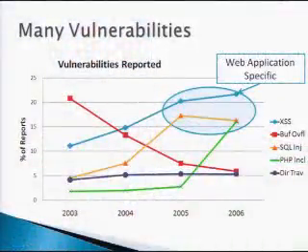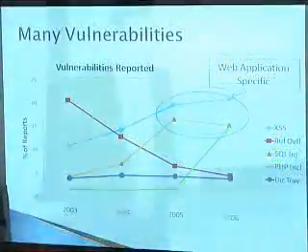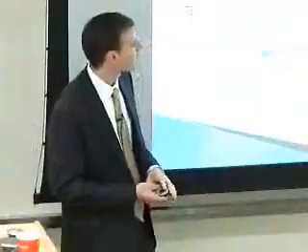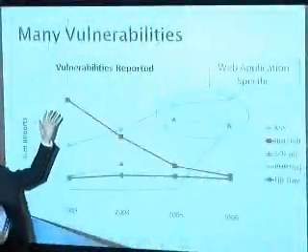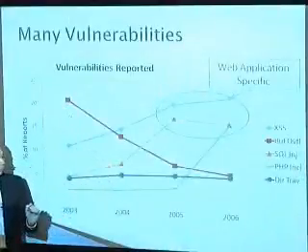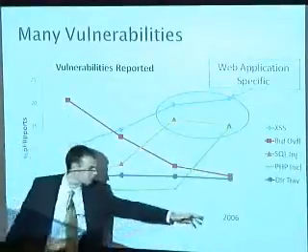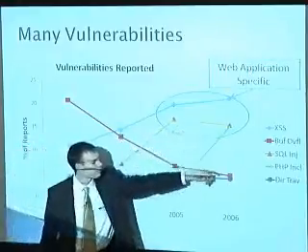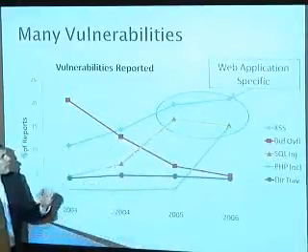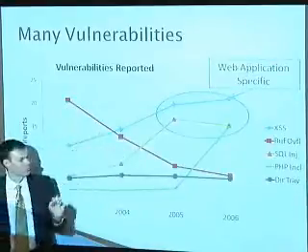Okay, so let me just say a little bit more about why the problems are important. And I may be preaching to the choir here, but I think it's interesting either way. So this is a graph showing percentage of vulnerability reports from 2003 to 2006. And these 5 that I've shown are the top 5 in 2006. This red line is buffer overflows.